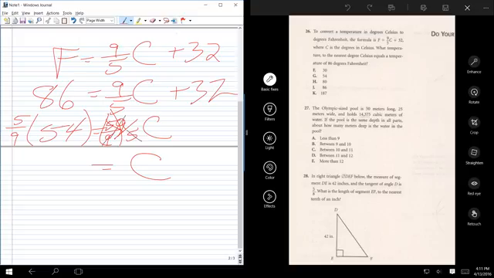So whatever 5/9 of 54 degrees is, well, what do you suppose the answer is? 30. It's the only one. We don't even have to bring out our calculators. It's some number less than 54.